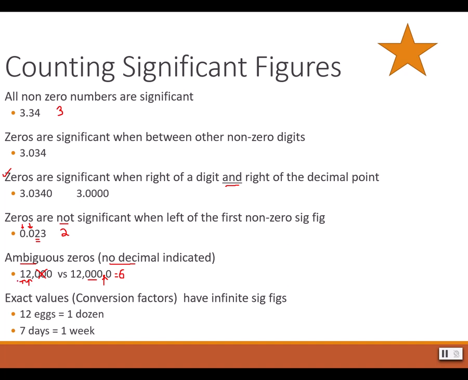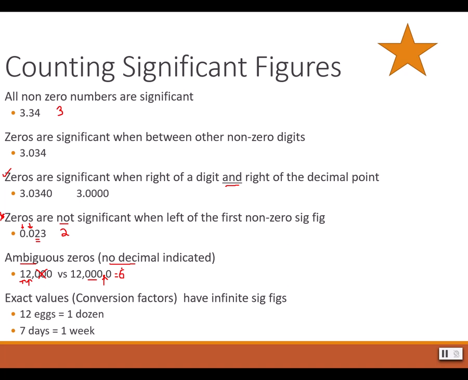So there are 2 cases where zeros are not significant when talking about a measurement. Those that are to the left of the first non-zero sig fig, and those that are ambiguous, meaning they're trailing zeros in a number like this, and there is no decimal point.